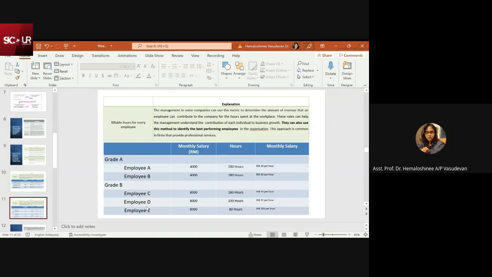Okay, so you can see here grade A is employee A and B, grade B is employee C, D, and E. Grade B is the persons who are making decisions and working longer hours. Going back home is also very difficult for them.